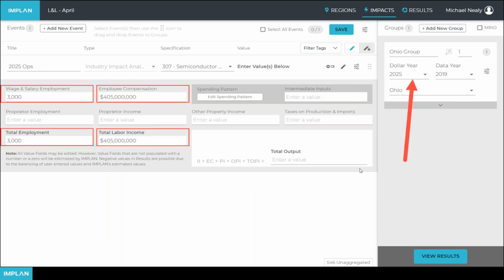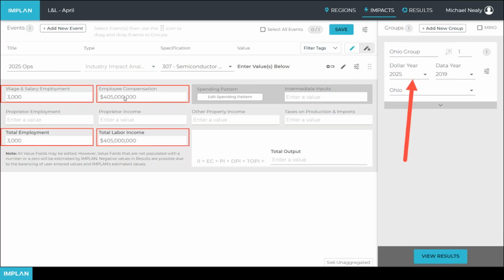So to analyze this in IMPLAN, we could use our brand new event type, the Industry Impact Analysis Detailed Event. With this event type, we could input our total employment equal to our wage and salary employment, which would be 3,000. We could also input our total employee compensation for all of these workers.